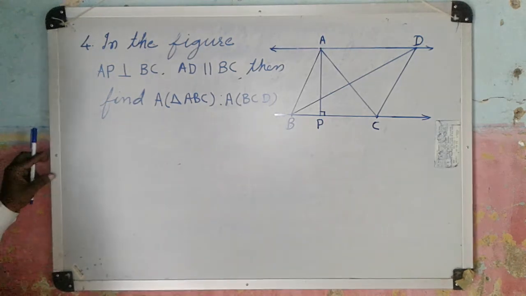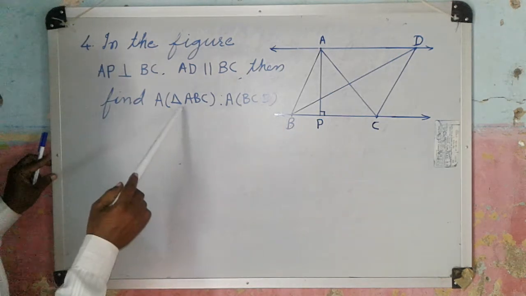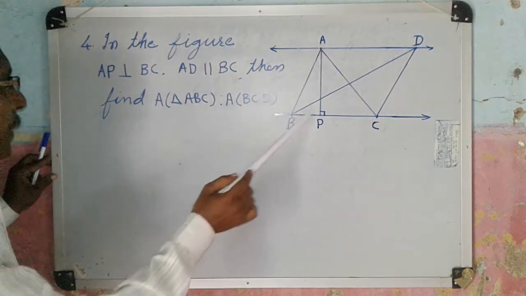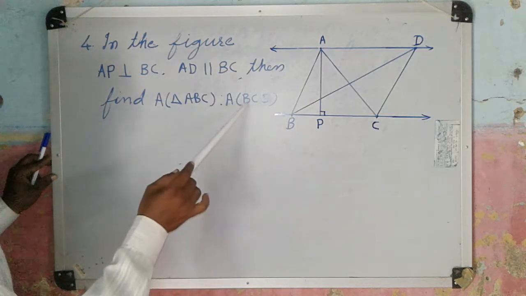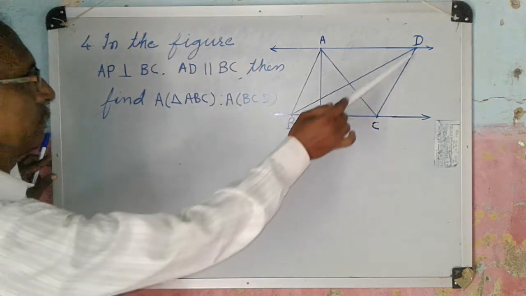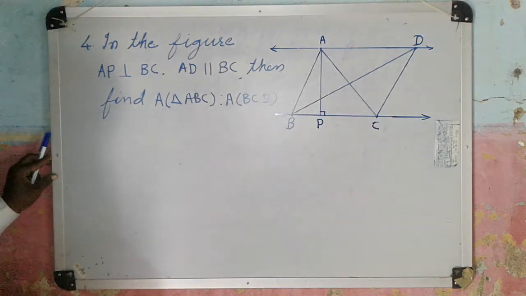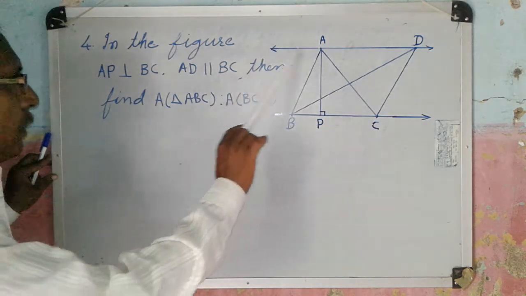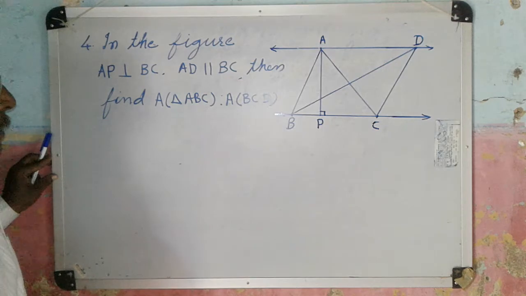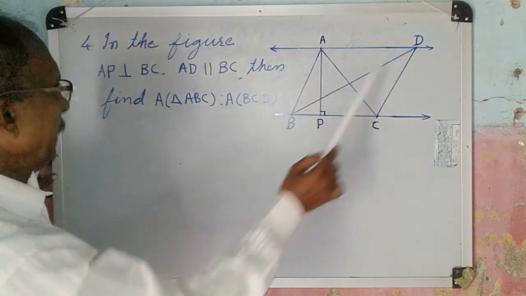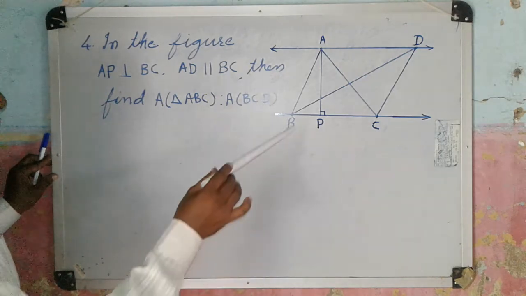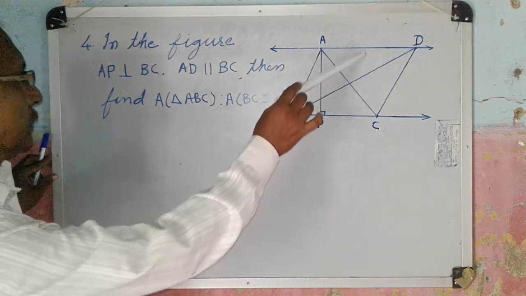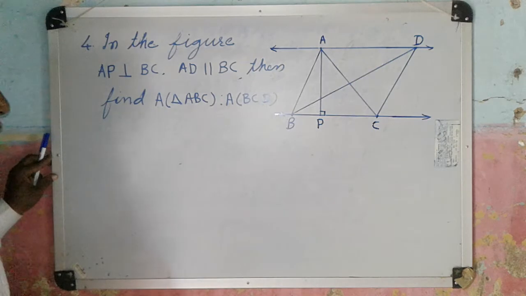Now if we consider these two triangles, triangle ABC and triangle BCD, both the triangles are drawn between parallel lines AD and BC. And you know that the distance between parallel lines is the same.